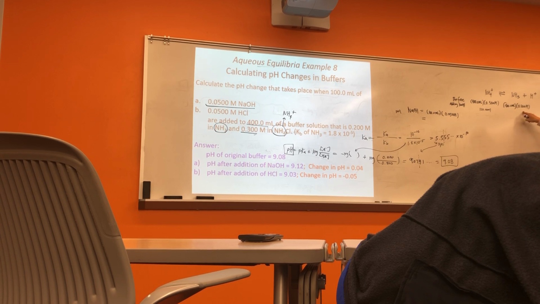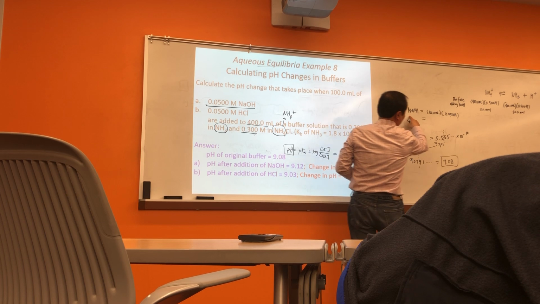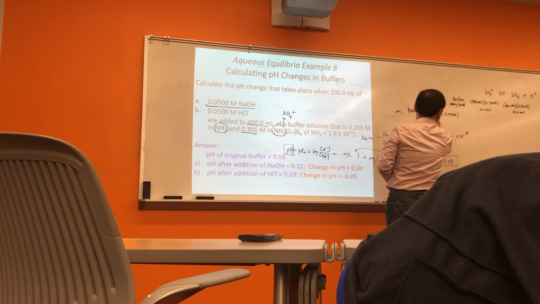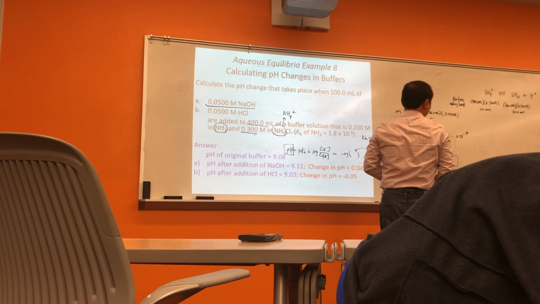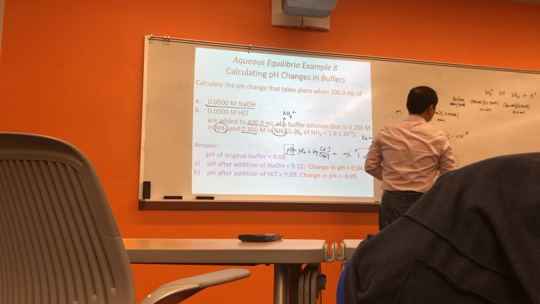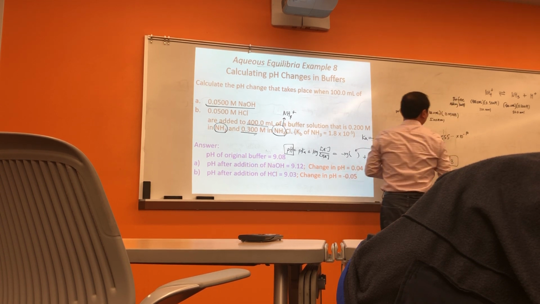If you multiply this, it will be 80 millimole. You are adding this much of base. If you multiply, 1.15 millimole. It's three sig figs.